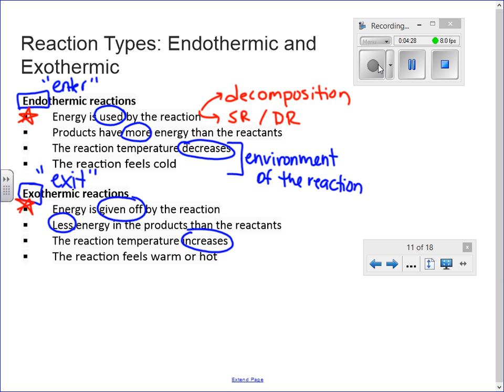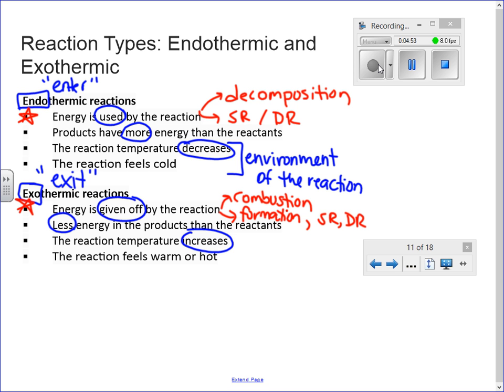For exothermic reactions, definitely combustion, a lot of formation reactions, as well as single replacement and double replacement, can all be exothermic. And so the categories we already saw could fall into these two categories as well.